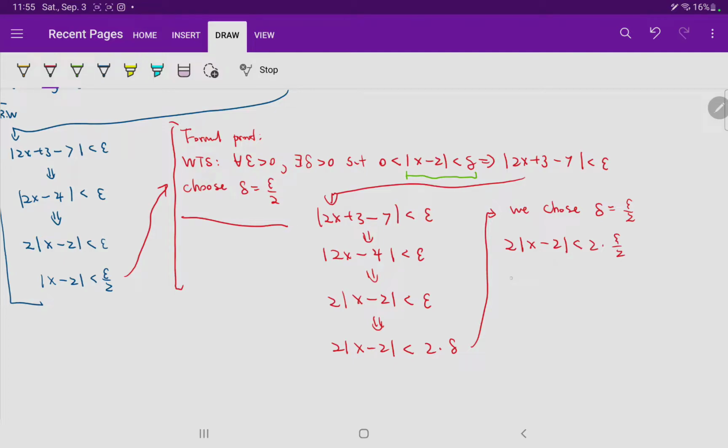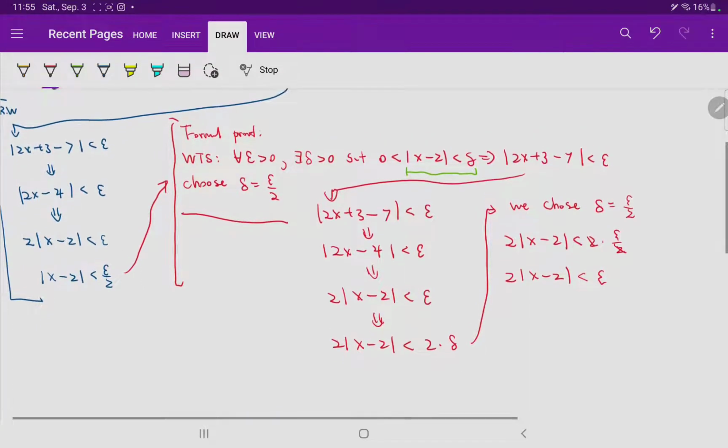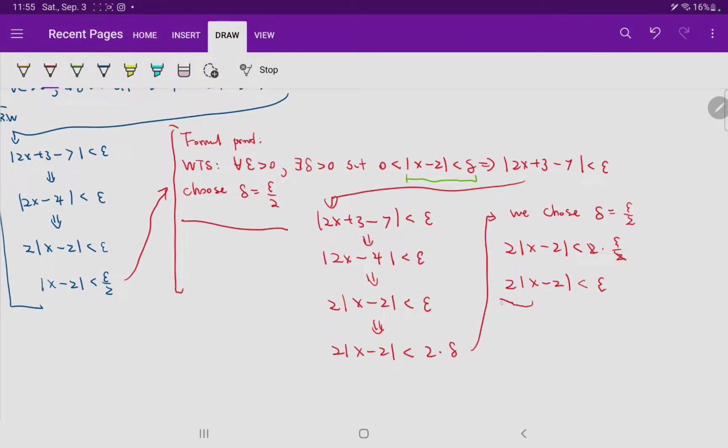Then the 2 and 2 cancel each other out, so this becomes the absolute value of x minus 2 times 2 is smaller than epsilon. Or in other words, if we expand back to this expression here, this shows that 2x plus 3 minus 7 is smaller than epsilon, which is what we want to show.